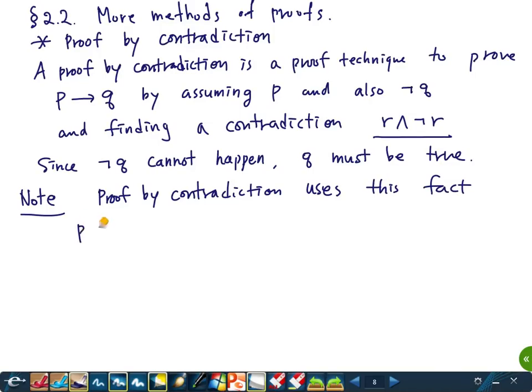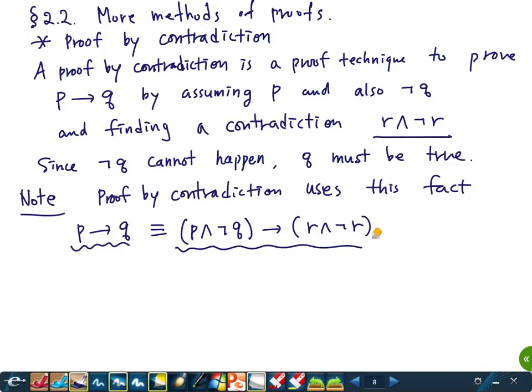So this is the thing that we want to show: if P, then Q. Instead of this, we prove an equivalent statement: if P and not Q, then contradiction. You can show that these two propositions are equivalent.